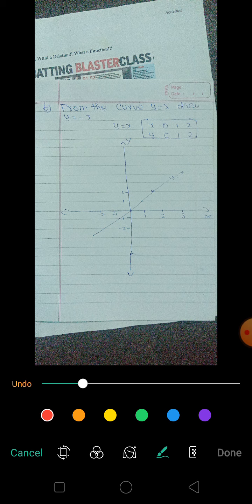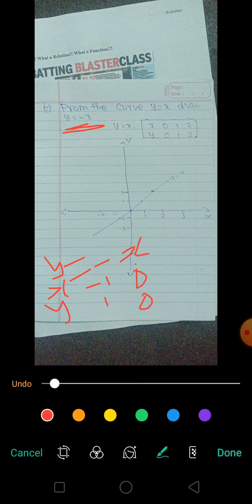Okay, so in this graph we need to draw y is equal to minus x. First, for y is equal to minus x, we need to draw the table. So put x value minus 1, what will the y value become? If I put a minus value in the place of x, you will get plus 1. 0 means 0.